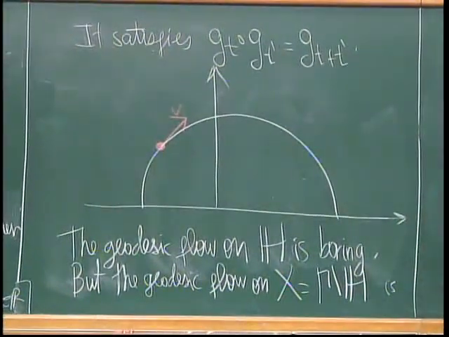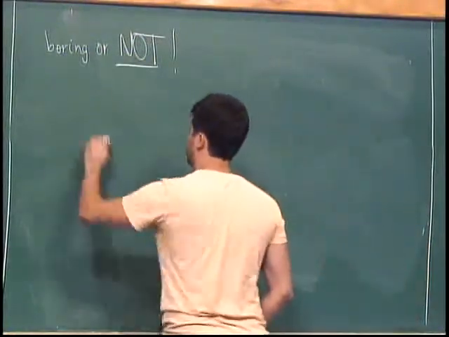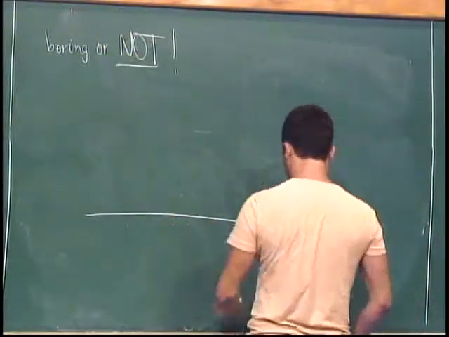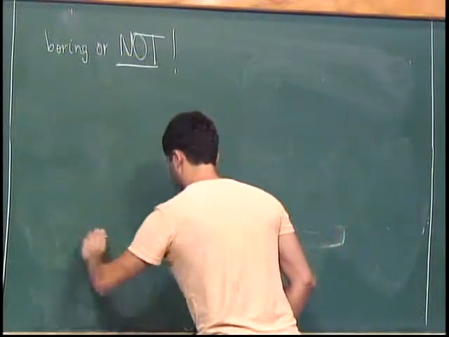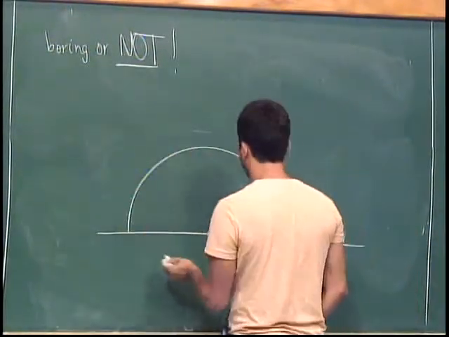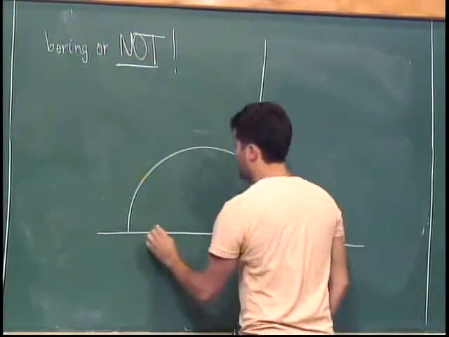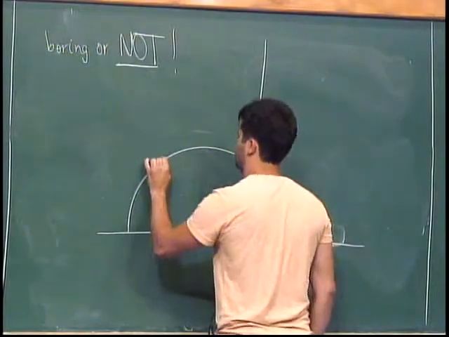So for example, if you have a space which is called the modular surface, I'm going to draw a fundamental domain. In the next talks, you are going to see why this is a fundamental domain, and actually what a fundamental domain is.